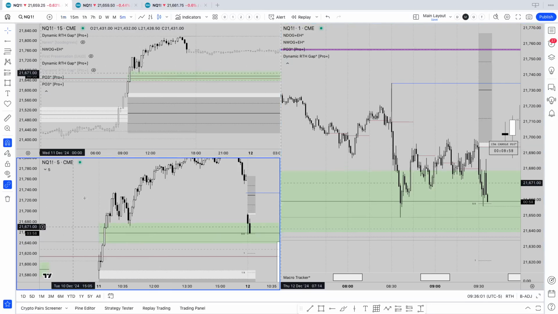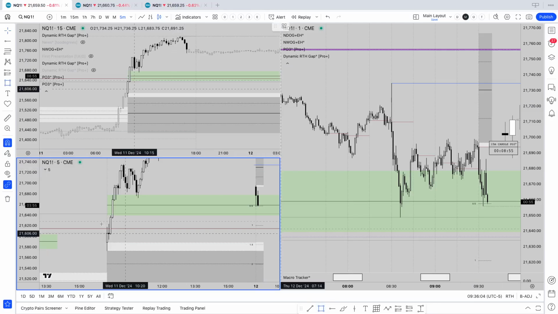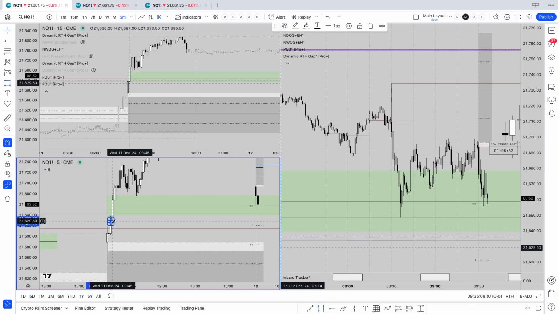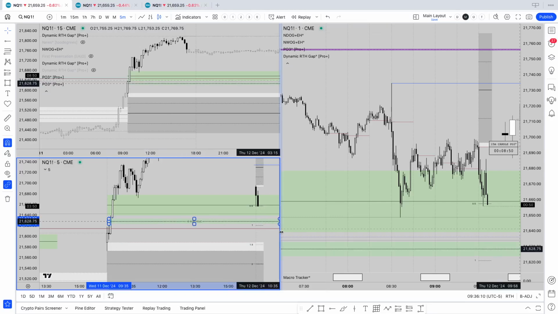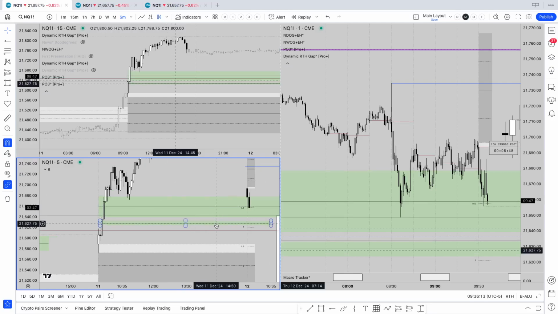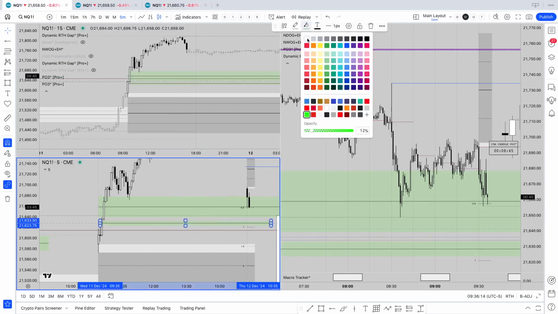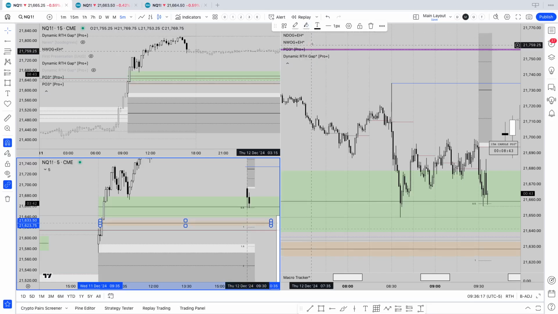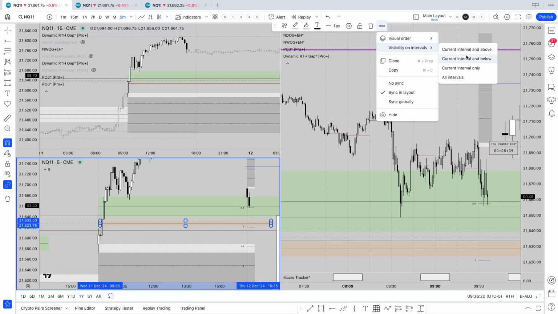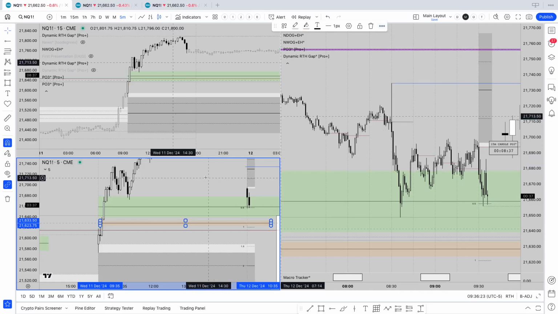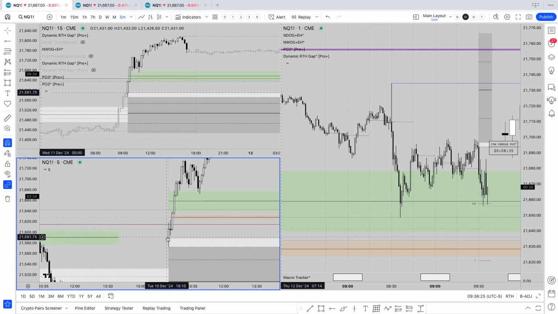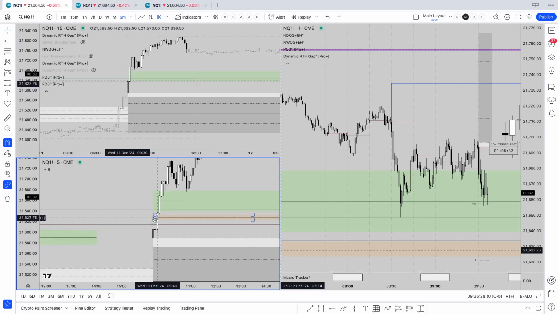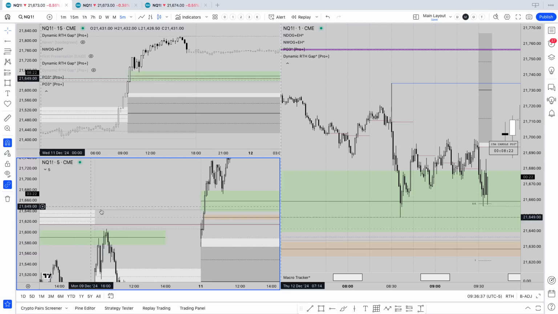This is on the 5 minutes. This, for example, here, look in the 5 minutes, how the consequent encroachment of this first presentation of 5 minutes is aligned perfectly with the consequent encroachment of this new week opening gap.